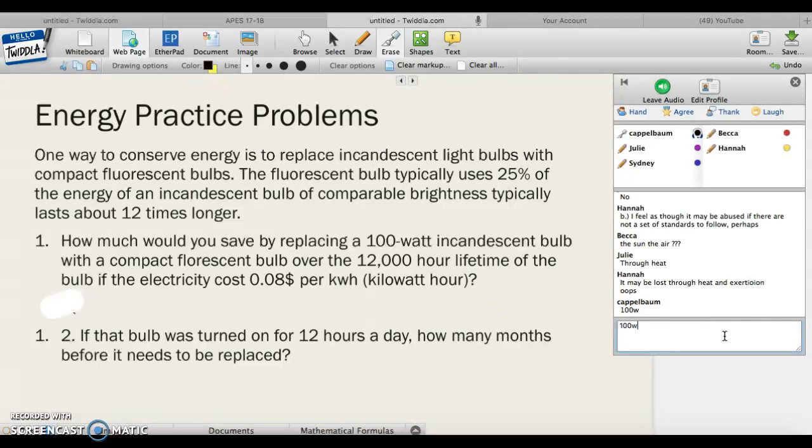So if we have watts times, in order to do a dimensional analysis, that's 1 kilowatt hour divided by 1,000 watts.